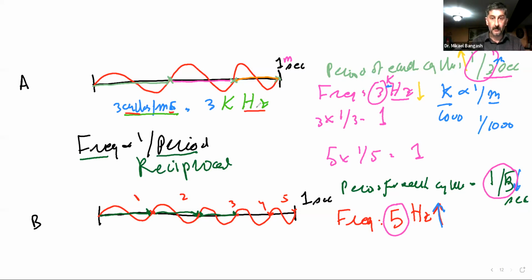But the reciprocal of milli is a kilo, which goes here. Which also could be read as: we completed 3,000 cycles in a second, which became a frequency of 3 kilohertz.